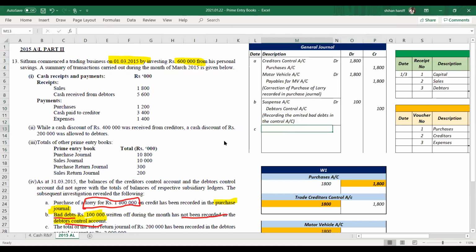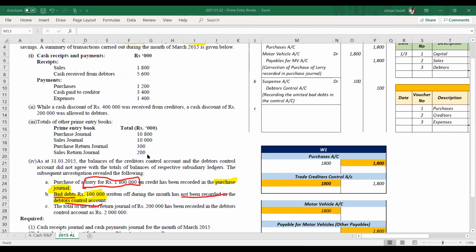Okay. Right. Third one. The total of the sales return journal of 200,000 has been recorded in the debtors control account as 2 million.